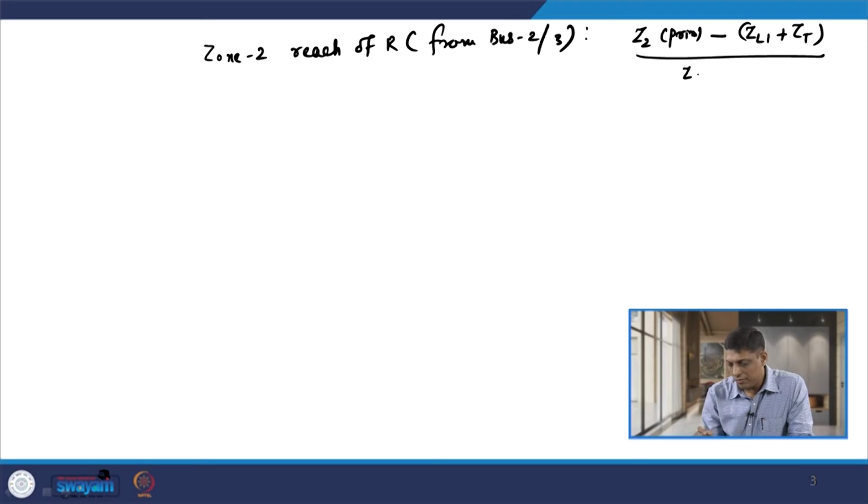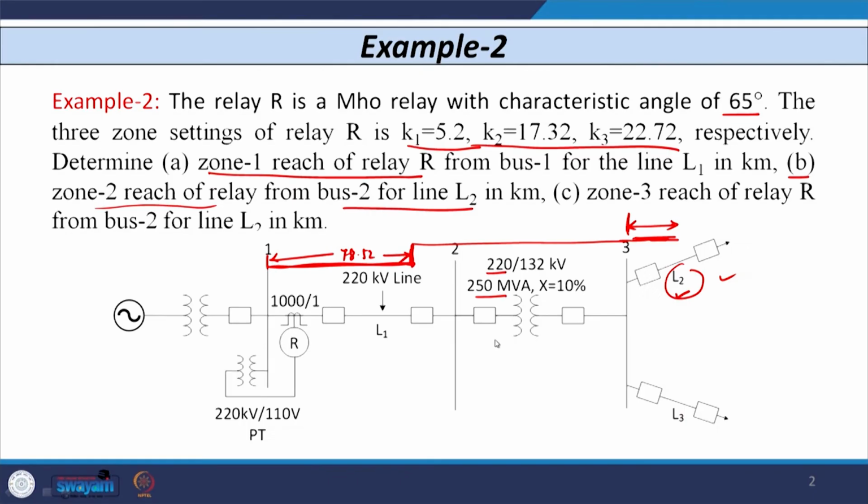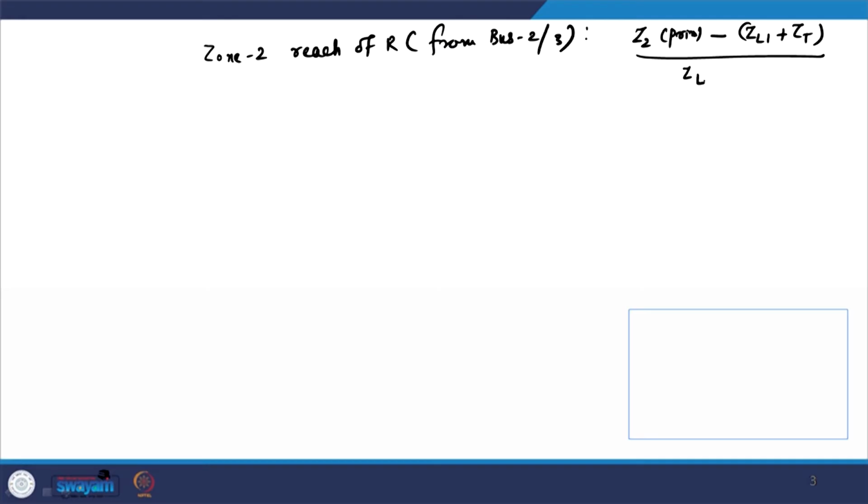In the numerator we have Z2 primary minus ZL1 plus ZT, and in the denominator we have to consider the impedance of line L2 on per kilometer basis, this is your ZL2 per kilometer.